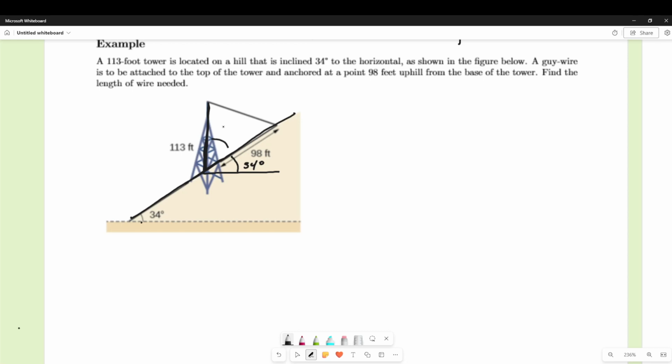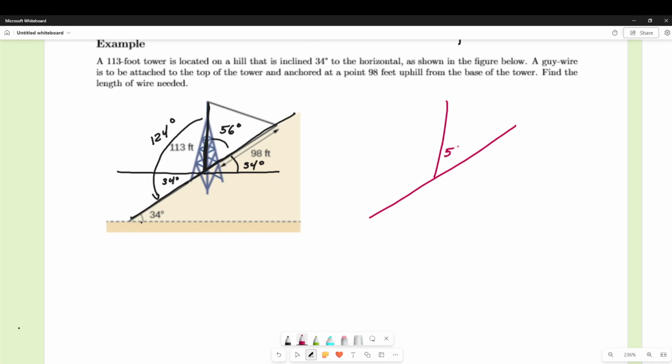So that would have to be 56 degrees. Also, if this angle is 34 degrees, then this angle is 34 degrees, which means this big angle has to be 90 plus that 34, so 124 degrees. So that's a big part of this problem, is breaking it down into those pieces.